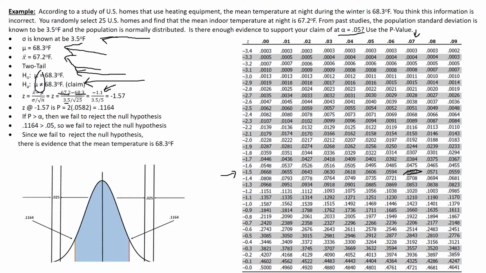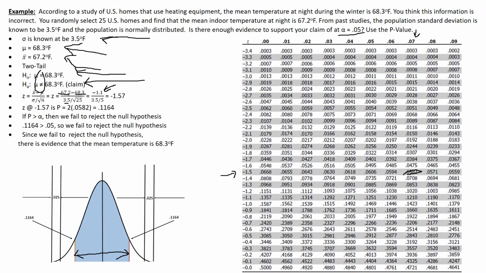We want to know alpha 0.05. Alpha 0.05 is 0.025 on both sides. So what I have here is 0.1164. This is where my study falls, these 25 homes.